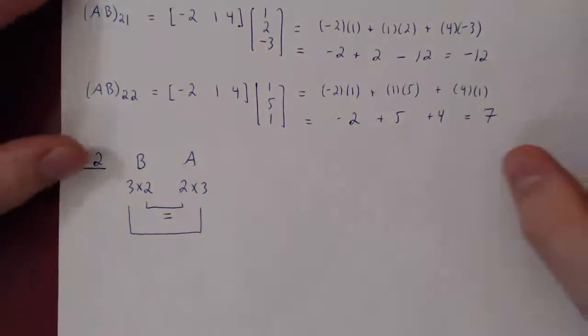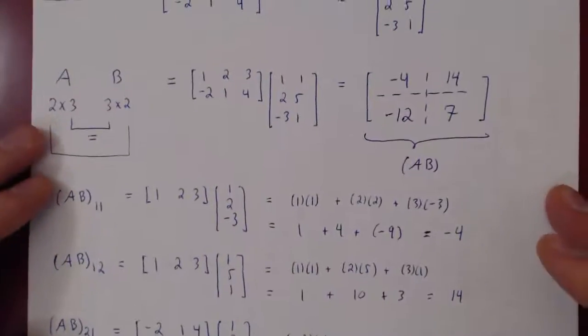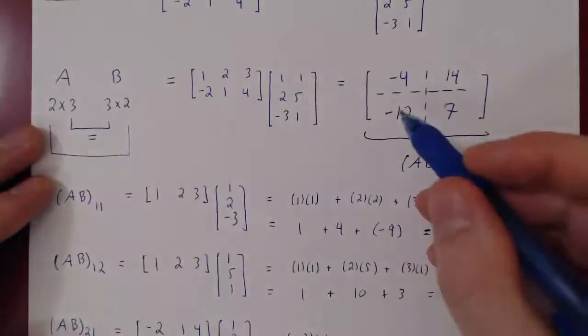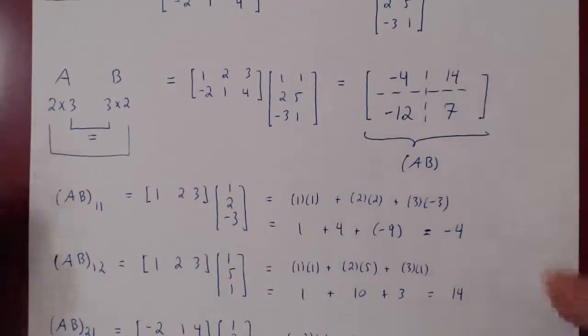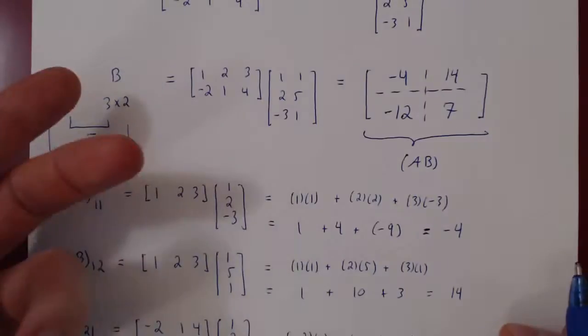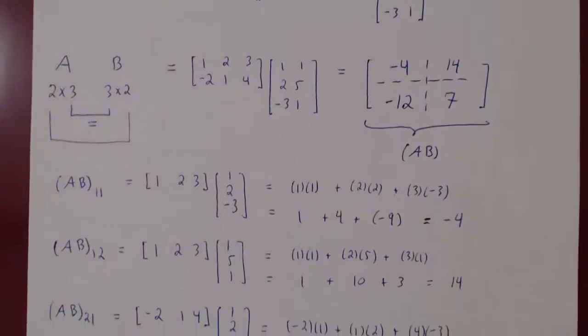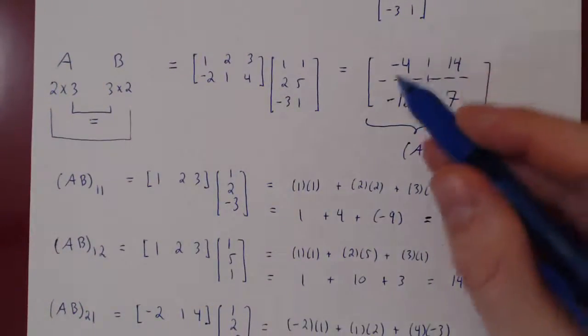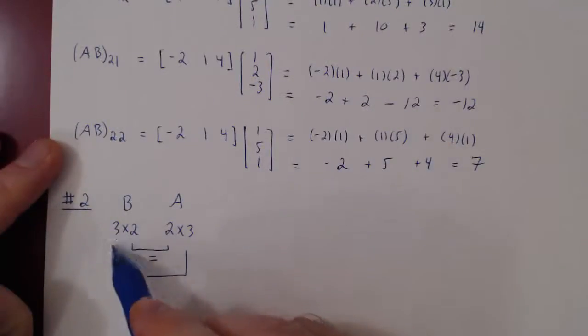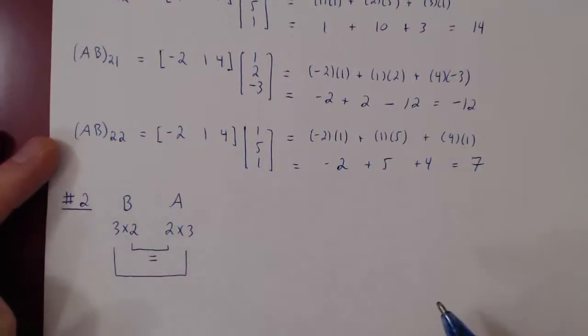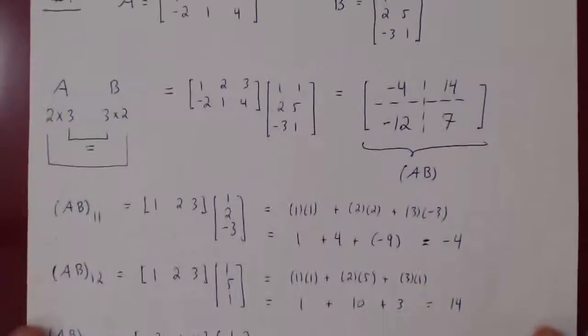And this is interesting because A times B was defined, but it was a 2 by 2 matrix. Now, if we flip the order and do B times A, it's also defined, but it will no longer be a 2 by 2 square matrix, but a 3 by 3 square matrix. So you see that A times B is not equal to B times A.